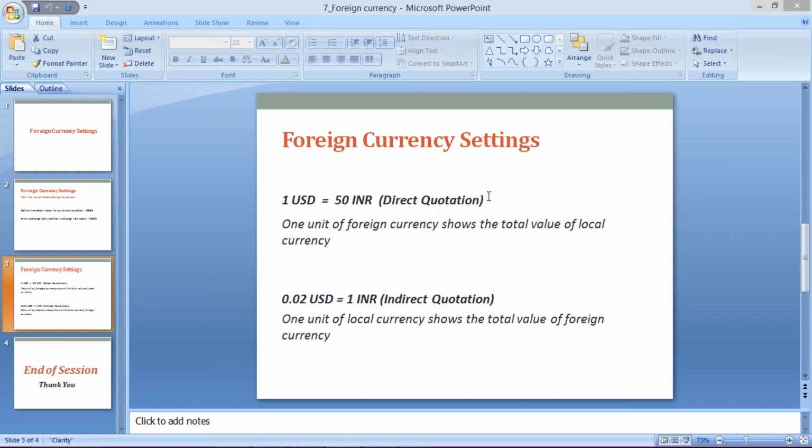This method is called direct quotation. Indirect quotation. What is called indirect quotation? We can maintain a rate in this way, or else even we can maintain the rate in this way also. Like 1 INR equals to how many USD? 0.02. So in this way, if we are going to maintain the rate, that is called indirect quotation.